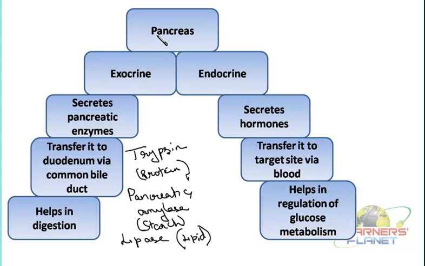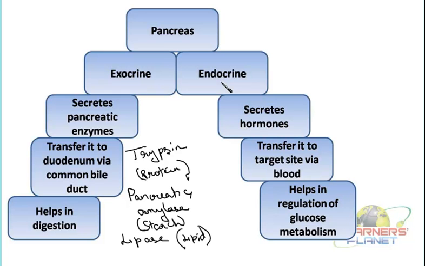But within the pancreas there is a group of cells which is the endocrine part. This endocrine part transports its secretion to the target site via blood. The substance we can call a hormone.